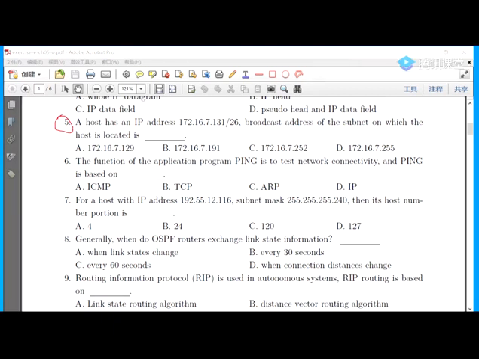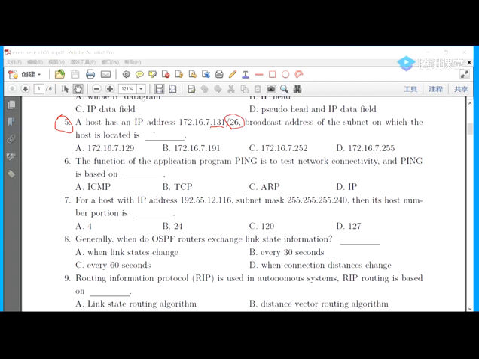Question 5. The IP address is 172.16.7.131/26.